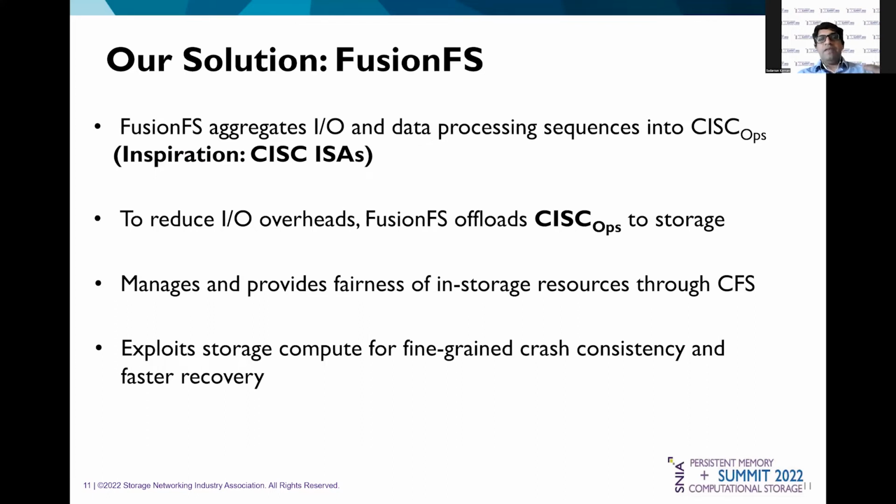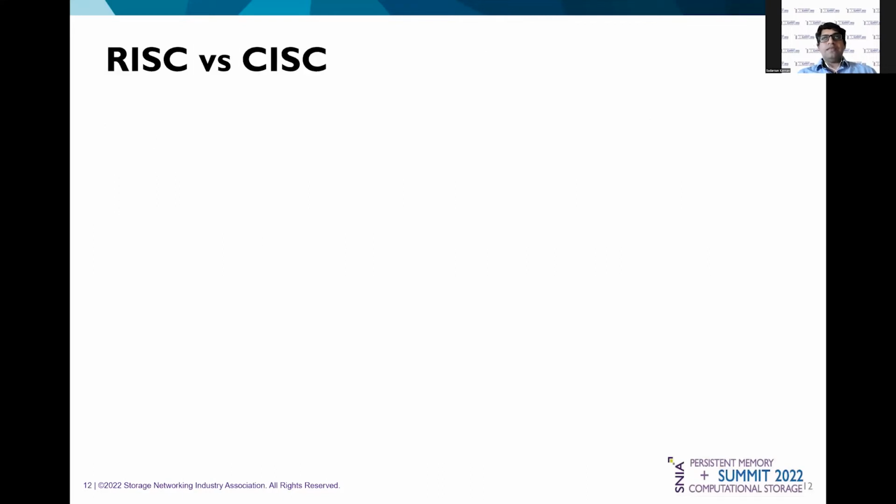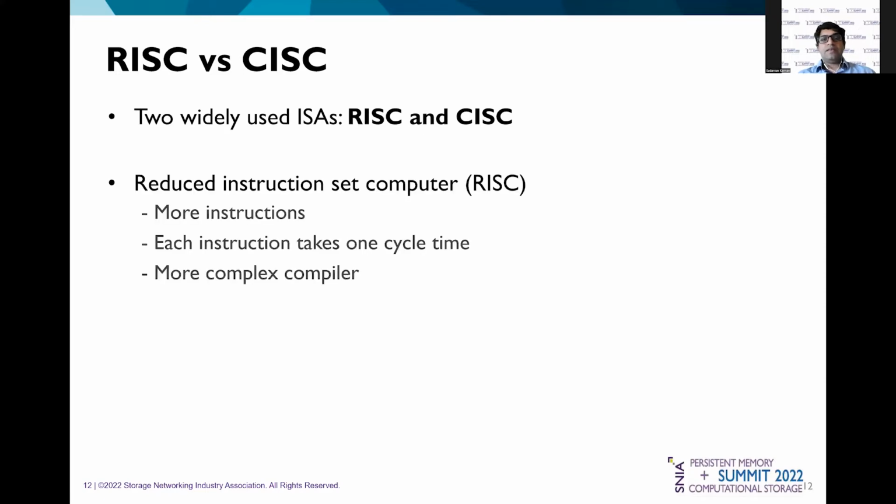I'll first start with discussing what we mean by CISC operations here. If you take a seminal processor instruction design, which is even present today, there are two widely used ISAs. One is a RISC ISA, and the other is a CISC ISA. RISC stands for reduced instruction set computers, which means there are more instructions. Each instruction probably takes just a cycle time, and the complexity is delegated to the compiler to compose these instructions and issue them.